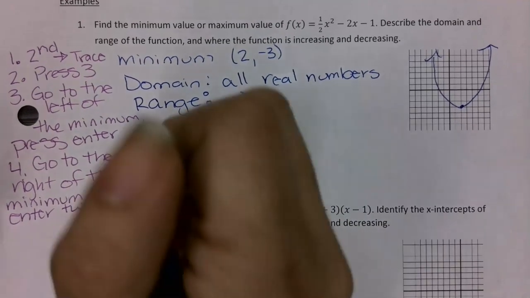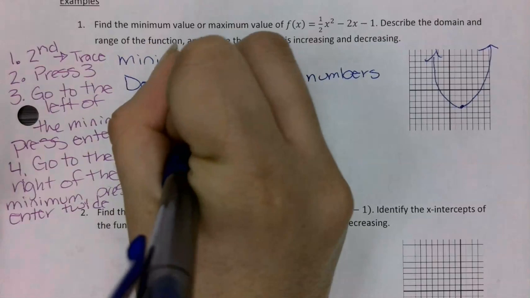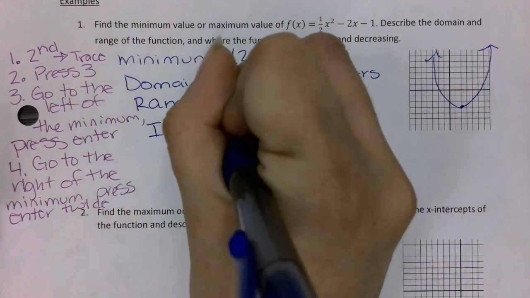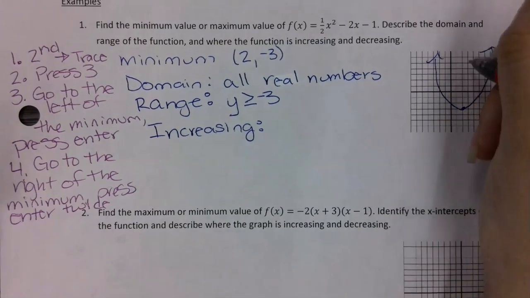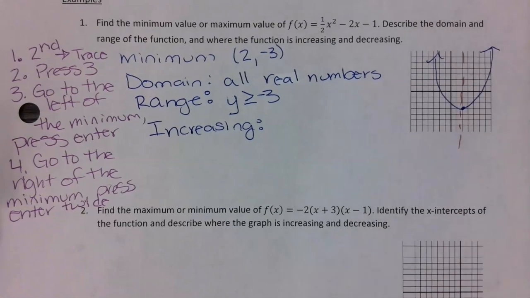Okay. Then I need to say where it's increasing. So where it has a positive slope. So if I went through and drew in my axis of symmetry, which side of the line has a positive slope? The left side or the right side?